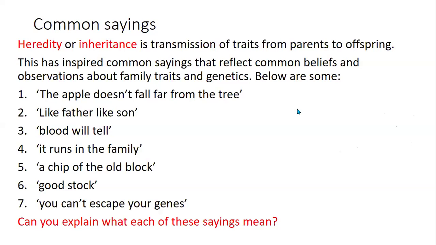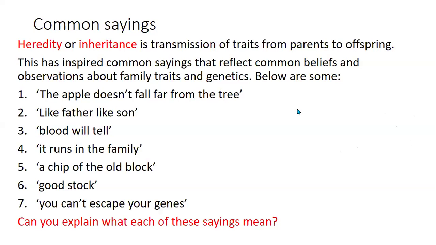You have seen families which have traits or characters that are similar. Like you see the shape of the head of all members of that family. So it means that the trait for the shape of the head is passed on from one member to another. So you find that maybe in a certain family, all people are tall, or all people are short, or they all have a certain character.